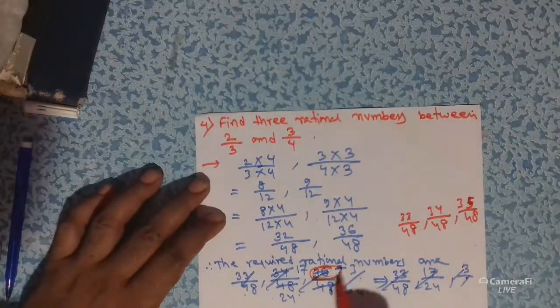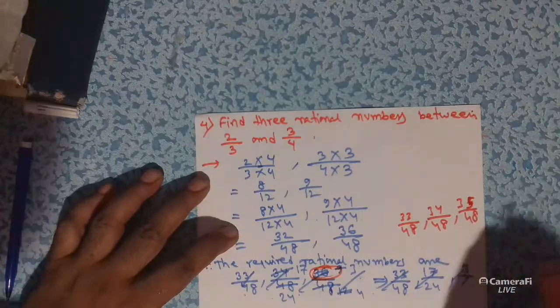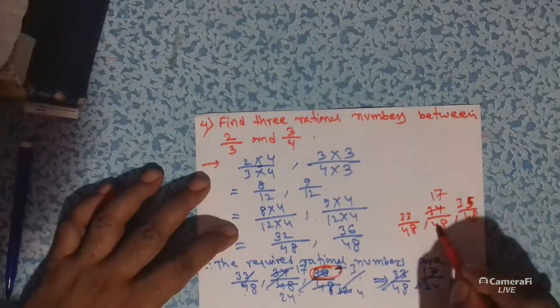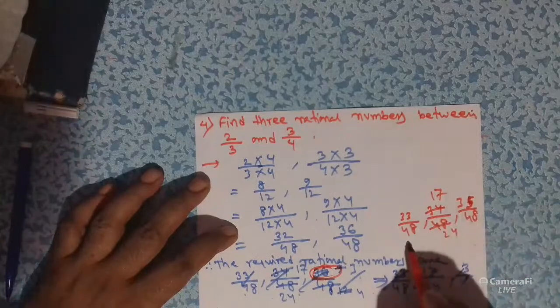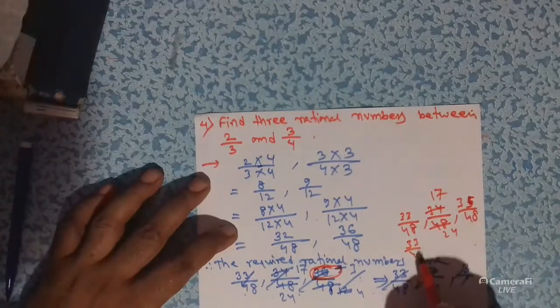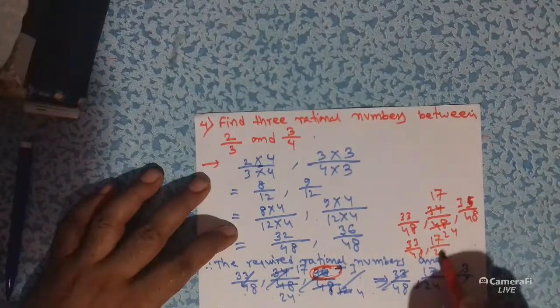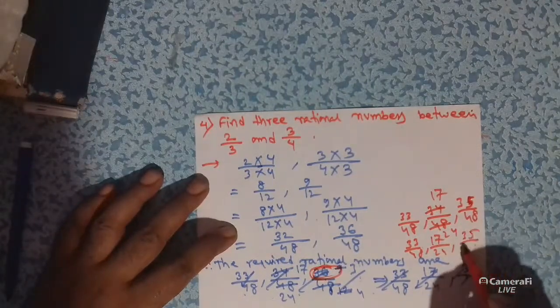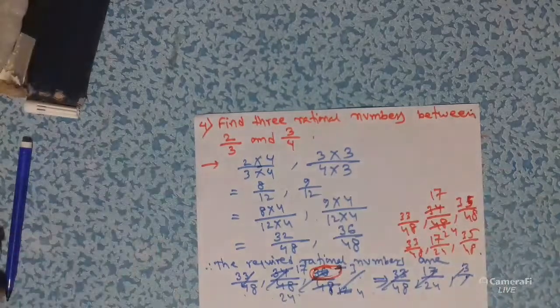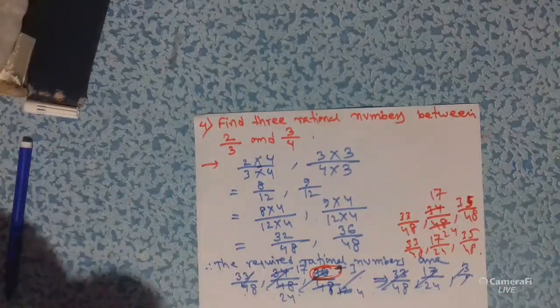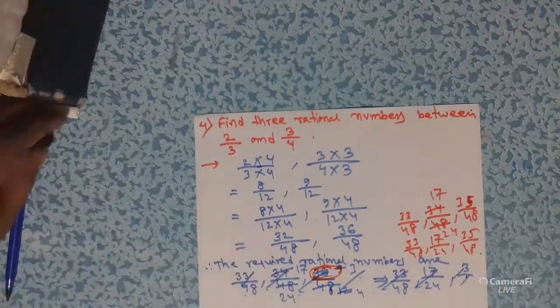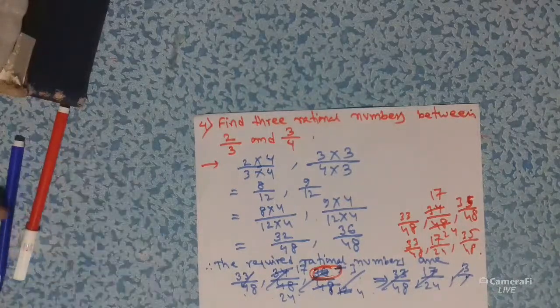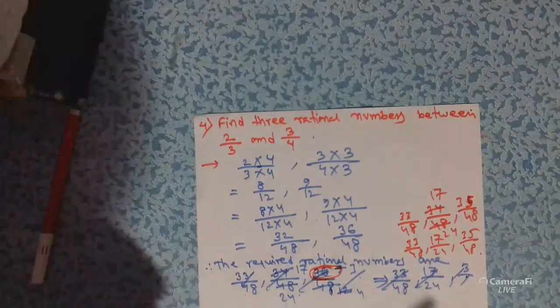Okay, it should be 35. It is not 36. So it is 33 by 48, 17 by 24 and 35 by 48. So these are the three rational numbers. Okay, 33 by 48, 17 by 24 and 35 by 48.